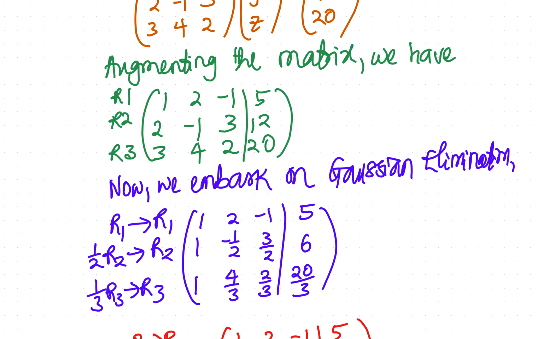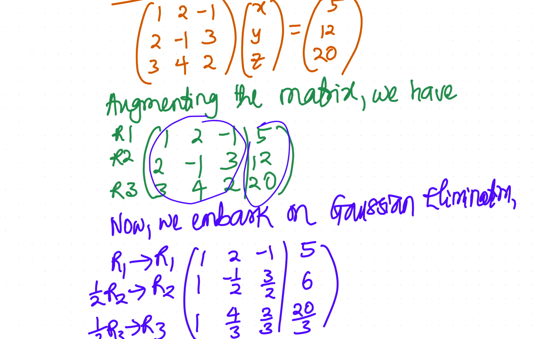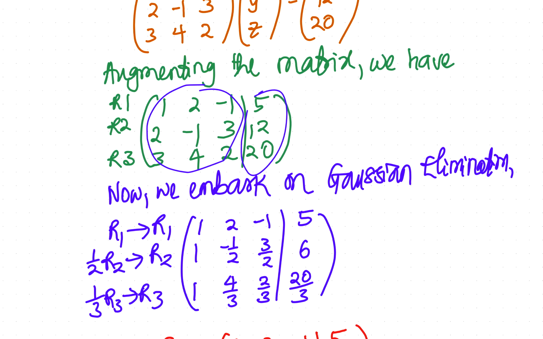Don't forget again, Gaussian elimination means you're reducing the augmented matrix into row echelon form, but the Gauss-Jordan method means you're reducing the augmented matrix into reduced row echelon form, which is literally turning this one into a unit matrix so that anything you get here at the end of the day is the solution to the corresponding values of the variables x, y, and z. In the case of Gauss-Jordan, you can just read off the solutions without even doing any extra step once you get to that level.